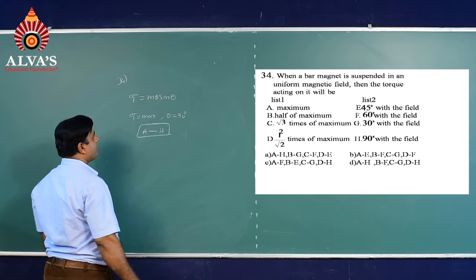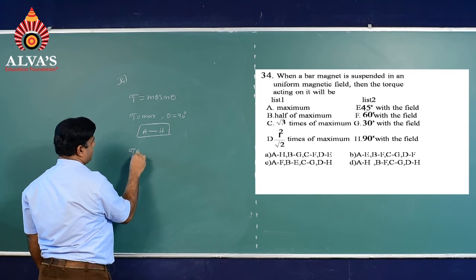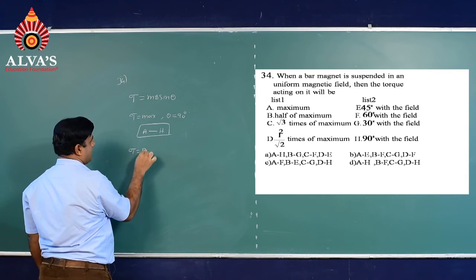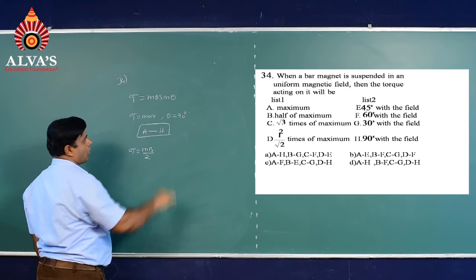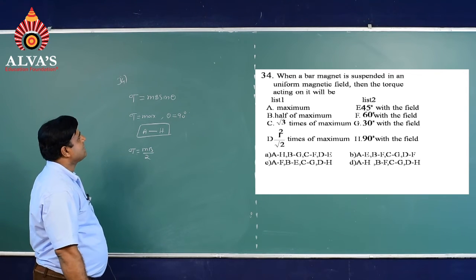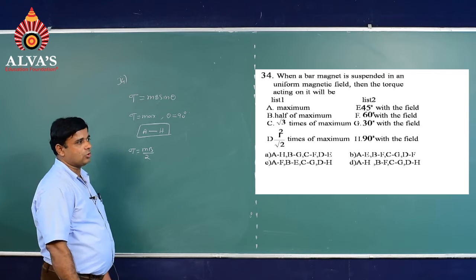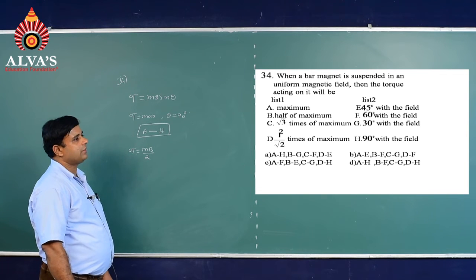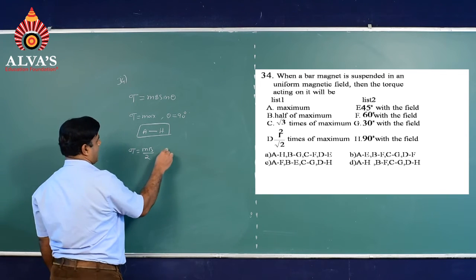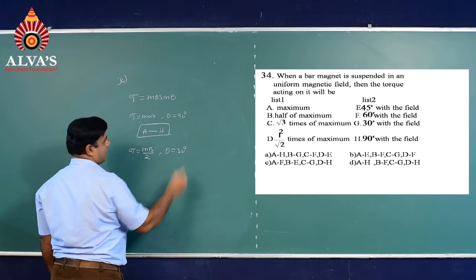B, half of maximum. Torque should be mB divided by 2, half of maximum, when sin theta is 1 by 2. Sin theta is 1 by 2 when theta is 30 degrees. So, theta should be 30 degrees.